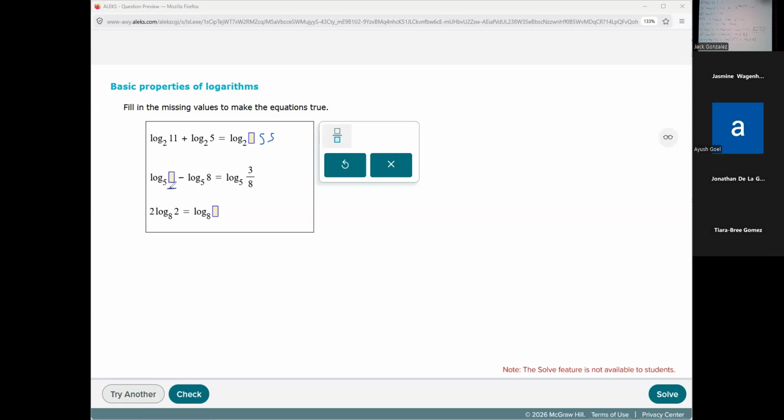Okay, then what goes here? Yeah, it'll be the 3, right? And then this one lets me bring the power up. So what would that be? What's 2 to the 2?